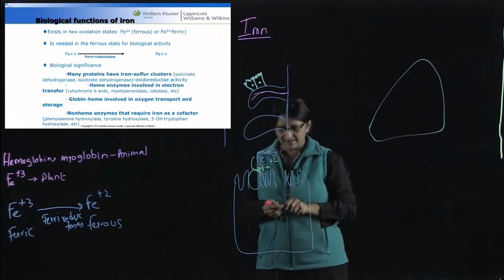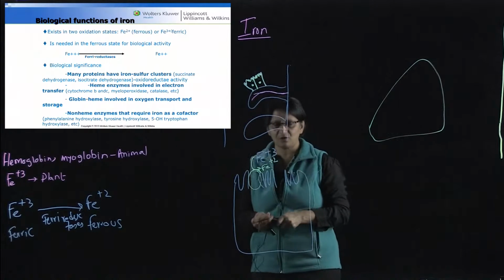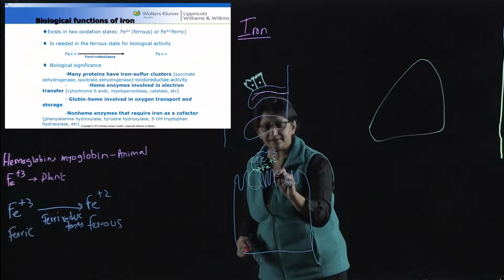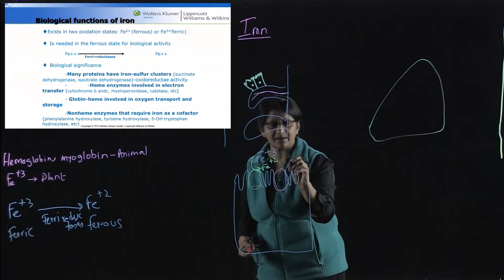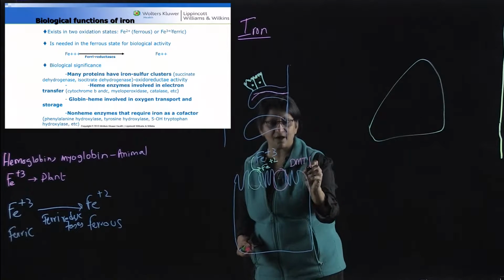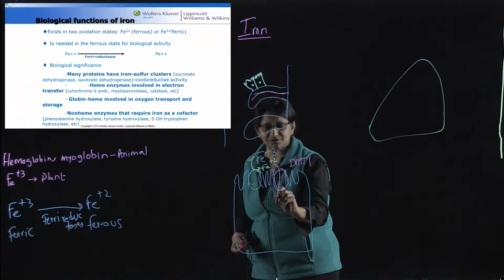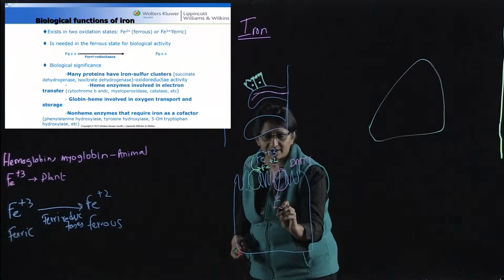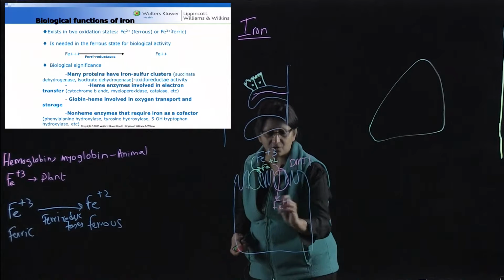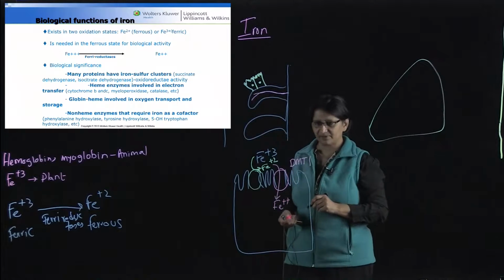Once it is in the ferrous form, the iron can then be taken up by the divalent mineral transporter 1, that is the transporter right here, and then Fe2+ goes back in here, and now you have it in this form sitting in the cytoplasm.